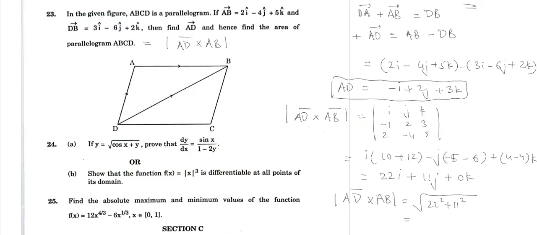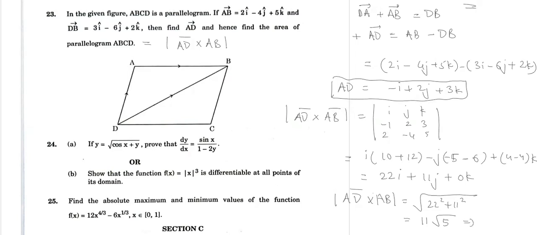So that is under root of, this I can write 22 as 2 into 11. So 11 square will be common. Okay, 11 square is common. So 11 and root will cancel, and under root of 2 square plus 1, that is 5.